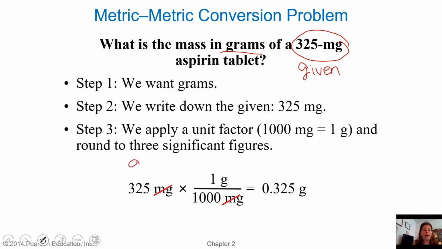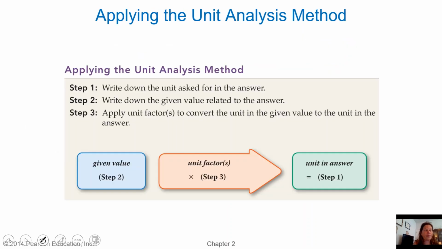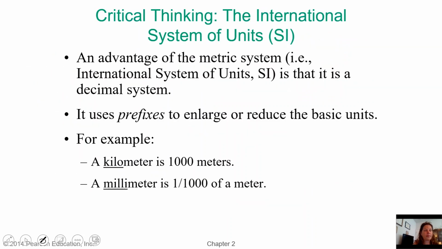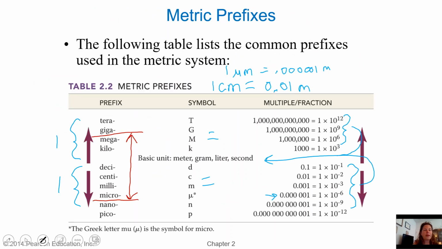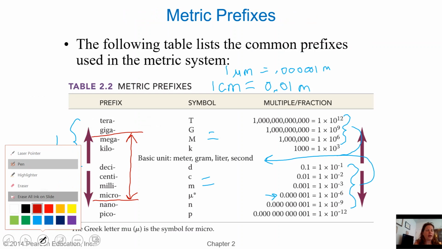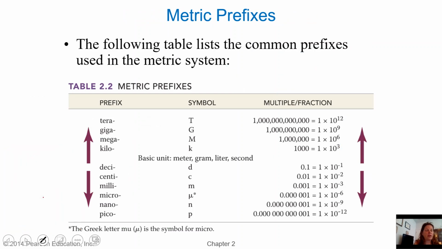So for our given, that's what we got right there. Our relationship between them, if you go back to that chart, let's go back real quick. If we look, we were given milligrams and it was asking for grams. So here's milli.